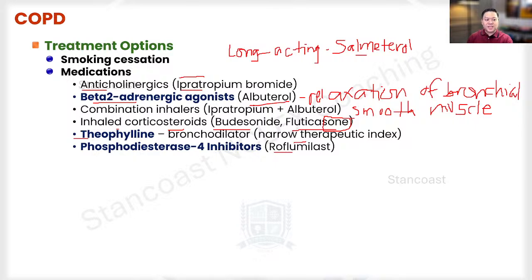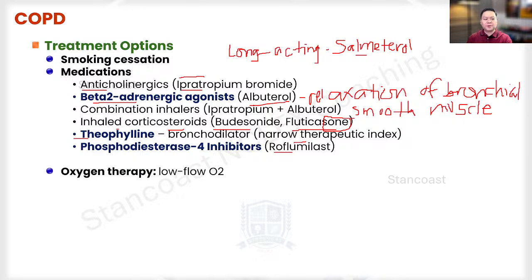Again, these are your phosphodiesterase 4 inhibitors. So again, this will also help the smooth muscles of the lungs or the airways, and will also reduce the inflammation, and again, will lower the frequent exacerbations. So that's the significance about this classification.